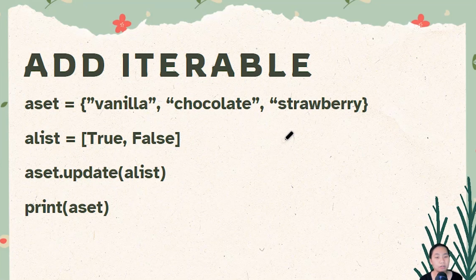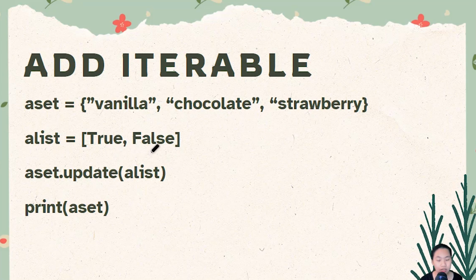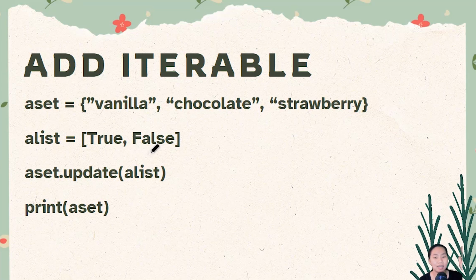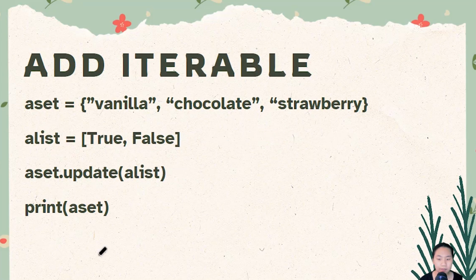What I mean by iterable is other data types that are not sets. I have a list of some Boolean values, true and false. Now I want to add this to the set, okay? I can do that by the same method as joining different sets, with the update method.